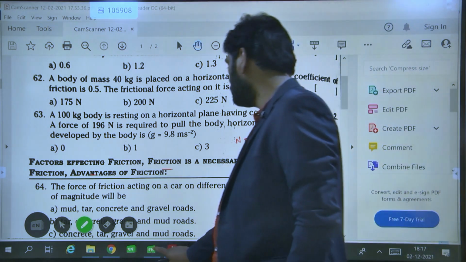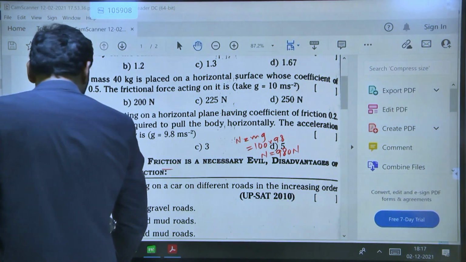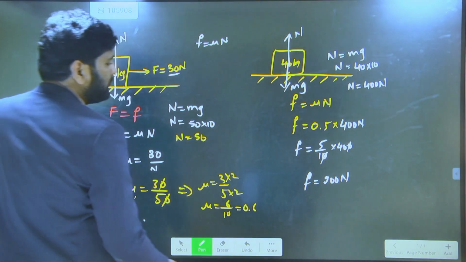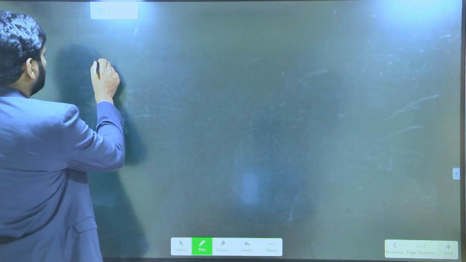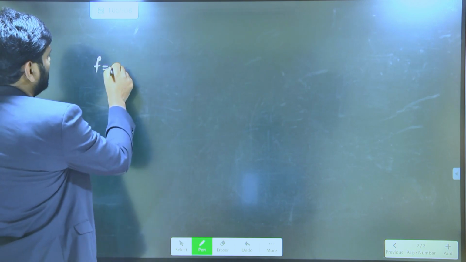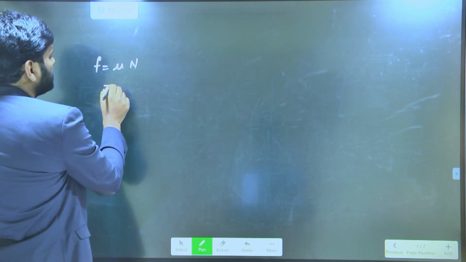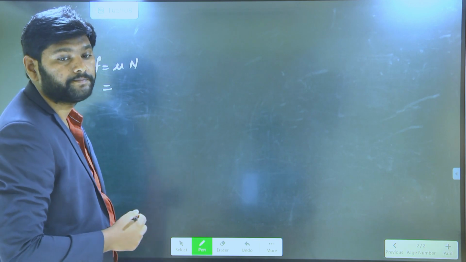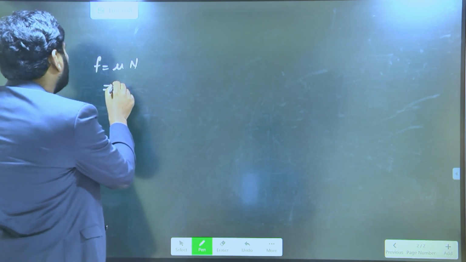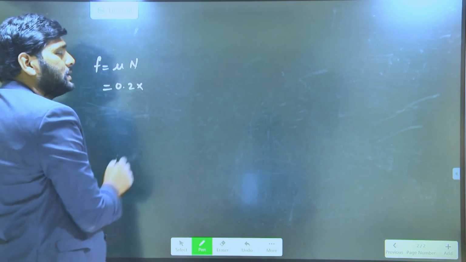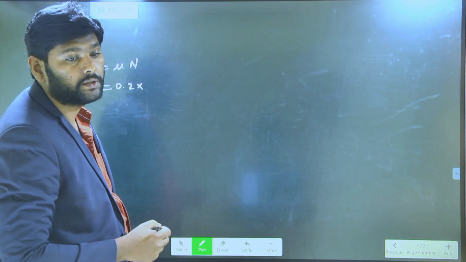You can find the frictional force: F is equal to mu into N. What is the mu value given in the problem? 0.2. Very good. Into the normal force, 980.